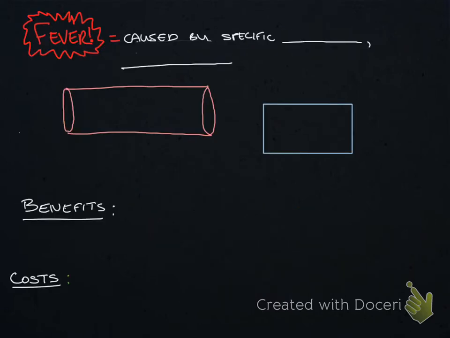Now let's discuss fever. Remember, fever is different than heat caused by inflammation. Fever is caused by a specific cytokine called pyrogen. And if you remember from lab, pyrogen is a chemical cytokine released by the granules of a neutrophil.